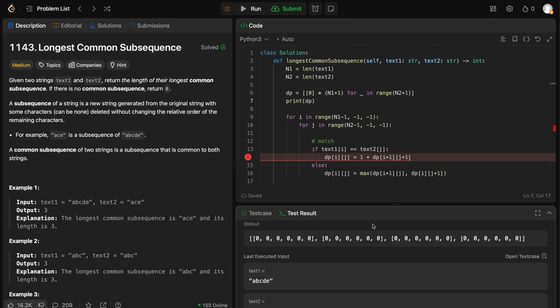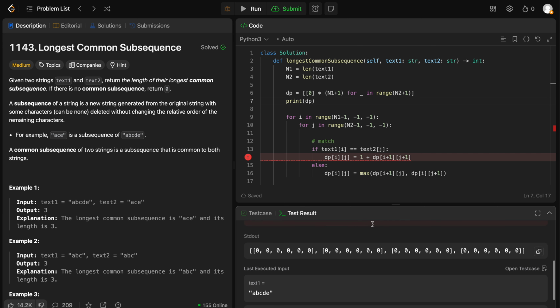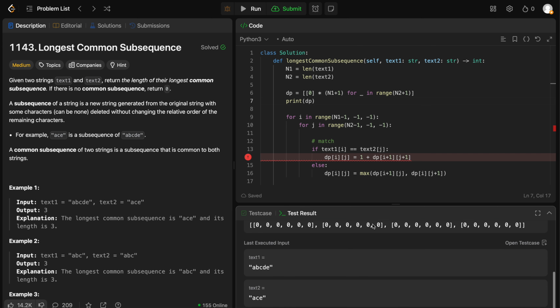One, two, three, four, 5, and 3, 6 and 4, that's correct. And I is N1 minus 1, minus 1, minus 1.